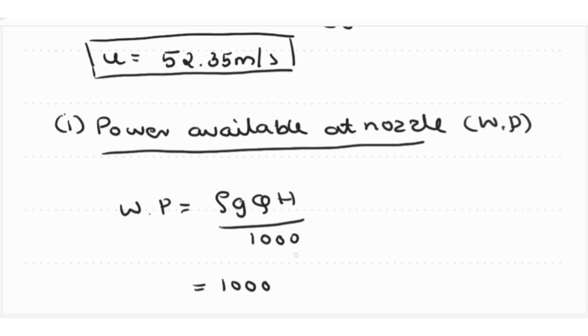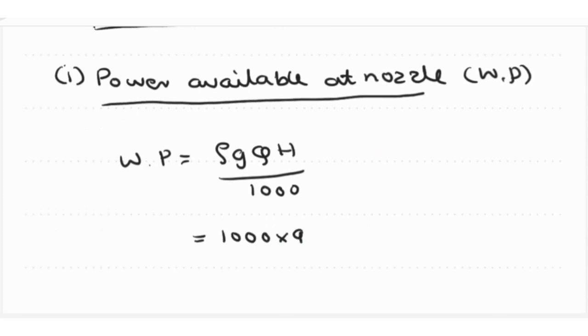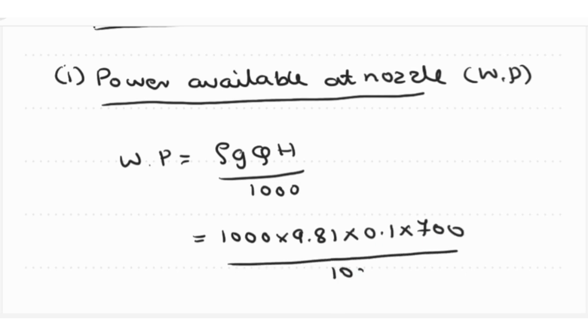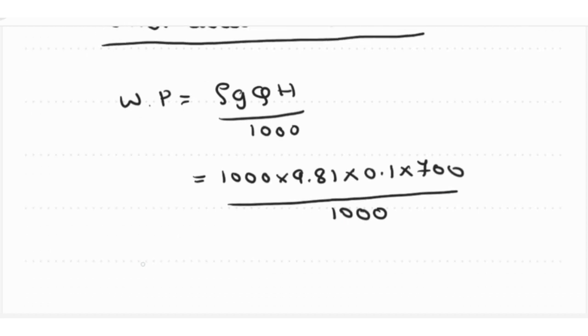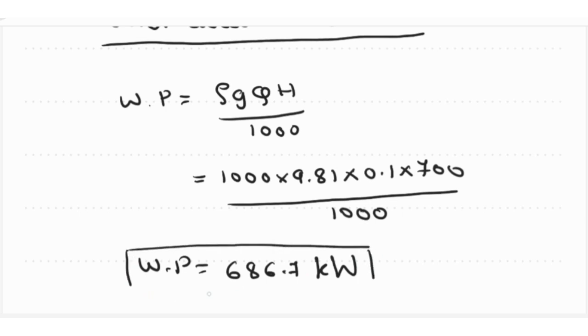Rho is 1000, g is 9.81 into Q is 0.1 discharge, H is given in this problem as 700 meter, divided by 1000. So we'll get water power or power available at the nozzle is equal to 686.7 kilowatt. So this is with the first one.